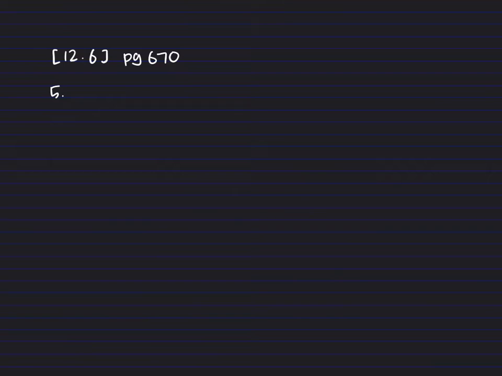Number 5 has 6 permutation 4, which means you have 6 different options, but you're only going to use 4 of them, and the order does matter. So you're going to set up the equation like this. I put these little lines underneath to indicate that I'm going to use 4 of the numbers out of 6. You're not going to use all 6 of them, so you can't multiply 6 all the way down to 1.